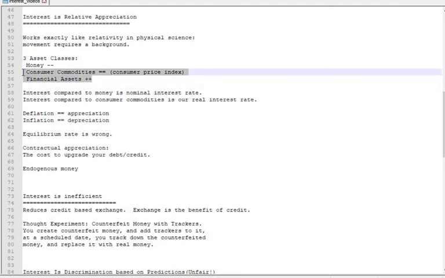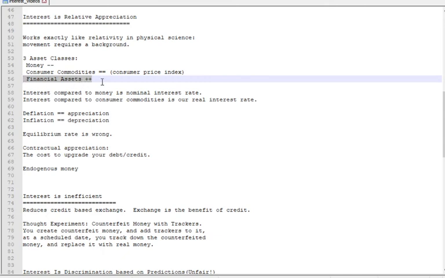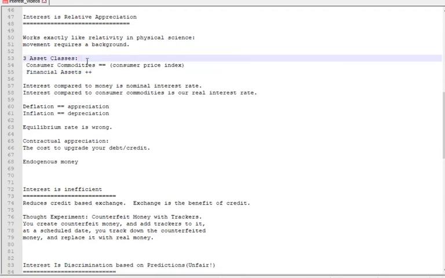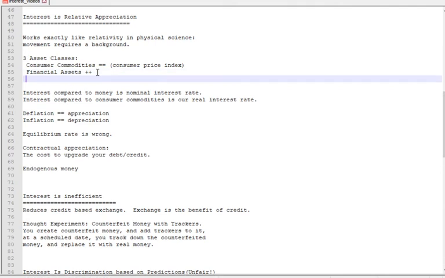So the idea is that financial assets will equilibrate among themselves, and people will invest more in financial assets with a higher rate of appreciation. So all financial assets will have a completely level rate of appreciation once they equilibrate, assuming markets are efficient and all that.